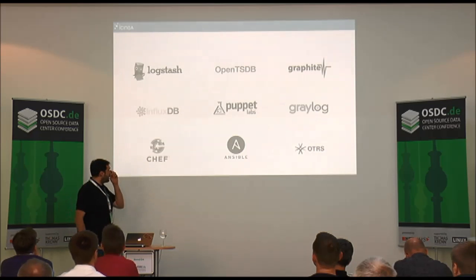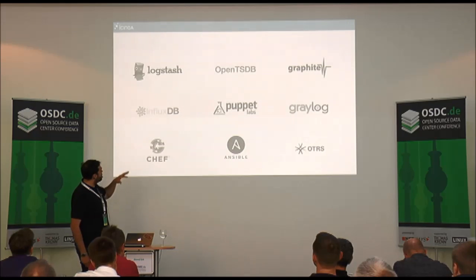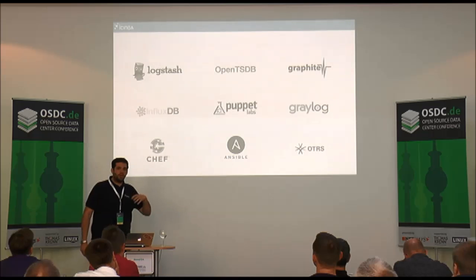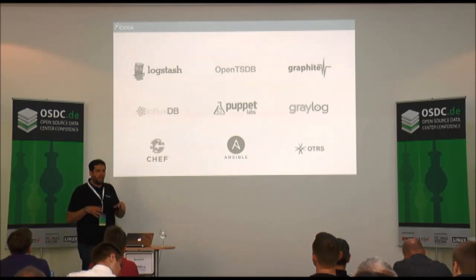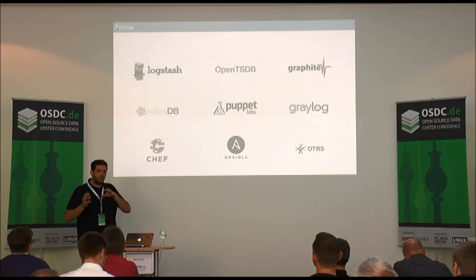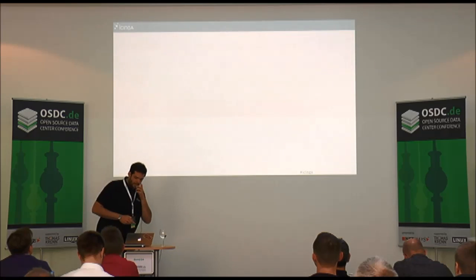This is one of the major targets, and we want to be able to connect to all this stuff. So using Logstash, using InfluxDB or Graphite, but we don't want to invent our own logging tool, because there are great tools out there, and we really focus on our stuff and being open to all the cool tools out there that make your own tool chain possible in the data center.